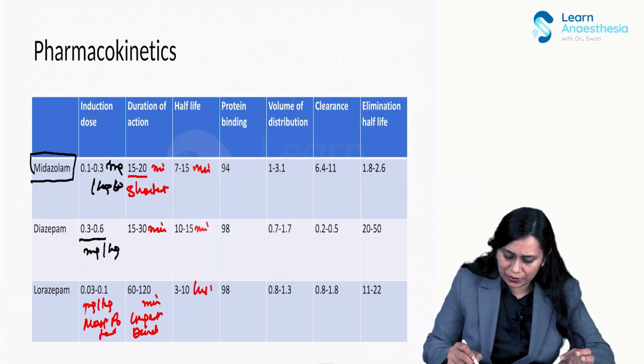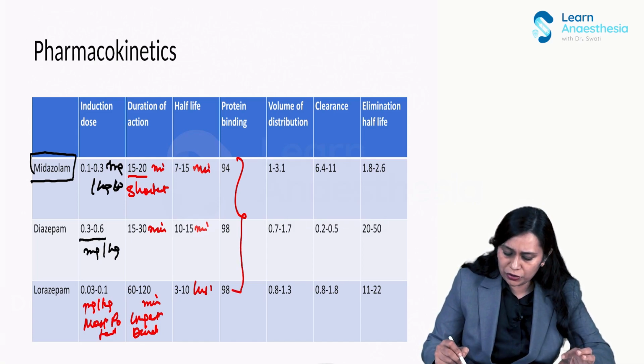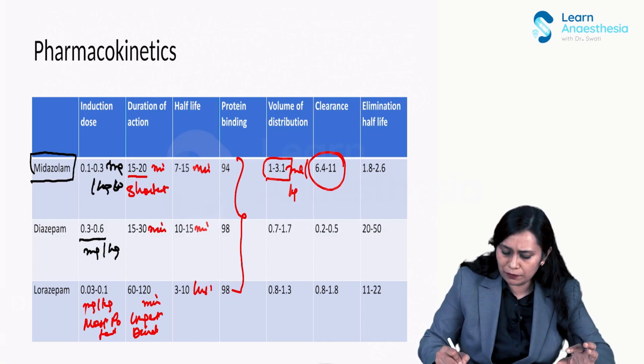Now protein binding, all have a very high protein binding. Volume of distribution, midazolam 1 to 3.1 per kg body weight, diazepam 0.7 to 1.7, and lorazepam 0.8 to 1.3. Clearance is also more for midazolam, so it has a faster clearance.